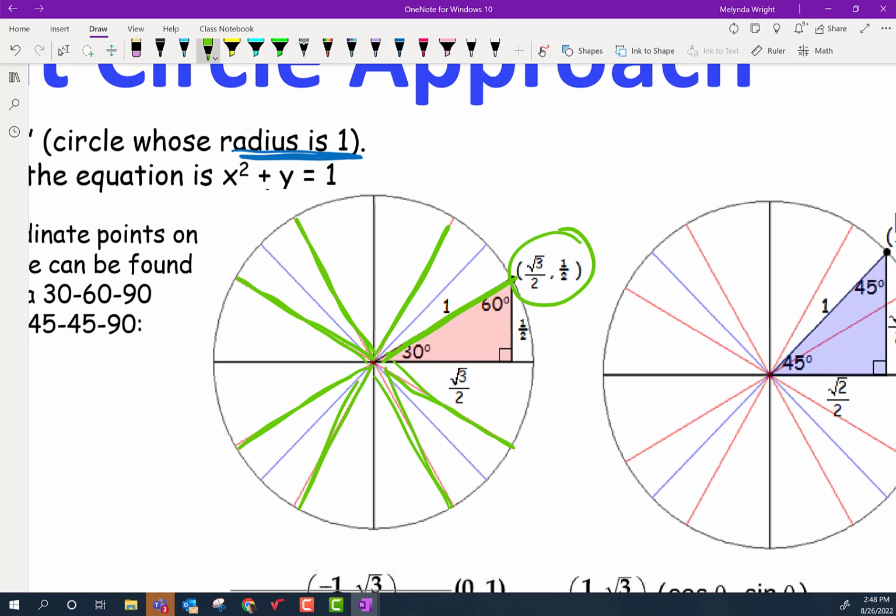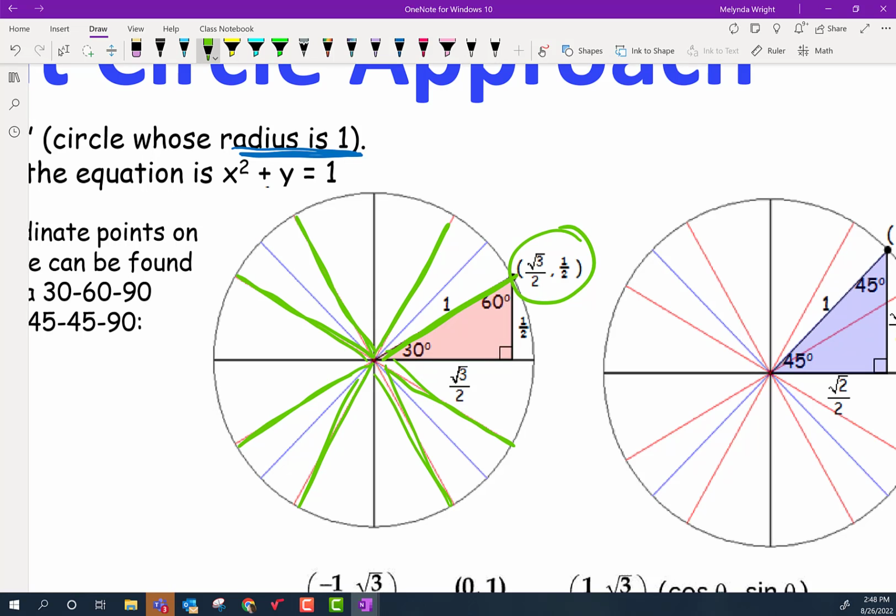So when you are deciding where to put them, let's do some numbers. Root 3 over 2 and 1/2. Which one of those numbers is larger, root 3 over 2 or 1/2? Close. Root 3 over 2 is larger. So why do we need to know that?